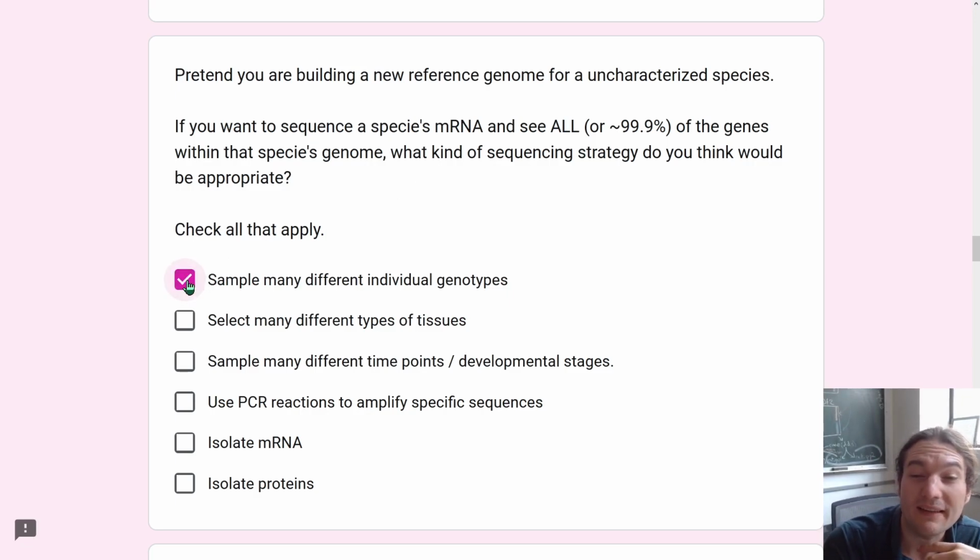You would definitely want to see many different individual genotypes, but the much more important selection is the many different types of tissues. So really, if I want to rank these, select as many different types of tissues as possible. That's going to be one of our main differences between tissues, is what genes are being expressed.